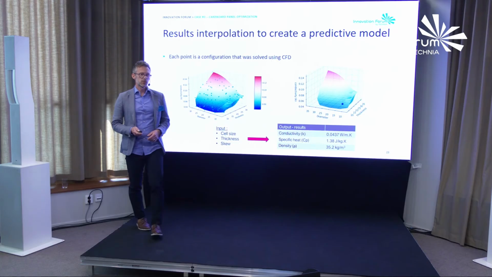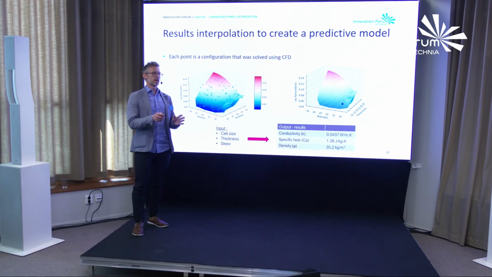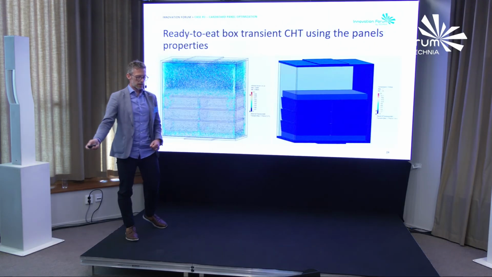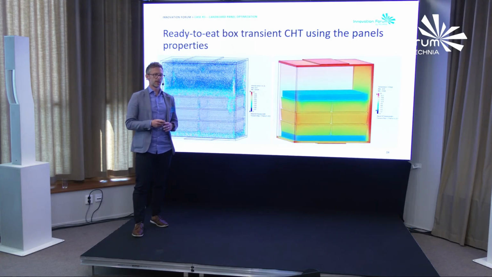From all the results, we can also do interpolation maps, so meaning that you can input any variables and you can get output, which in this case is thermal properties. So with any input, you get material data for thermal, meaning that now we can replace the more complex FEA model with just solid material and still solve the problem.